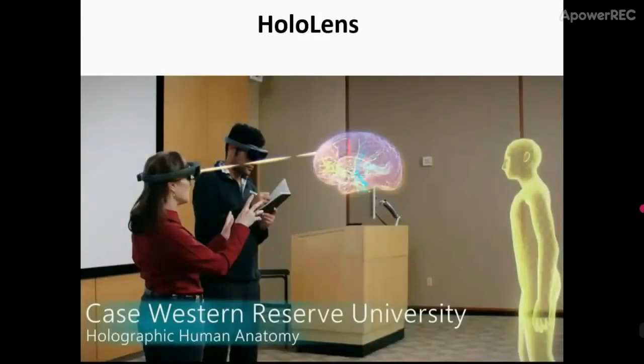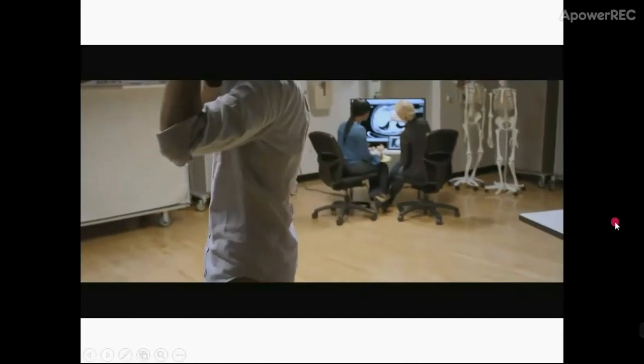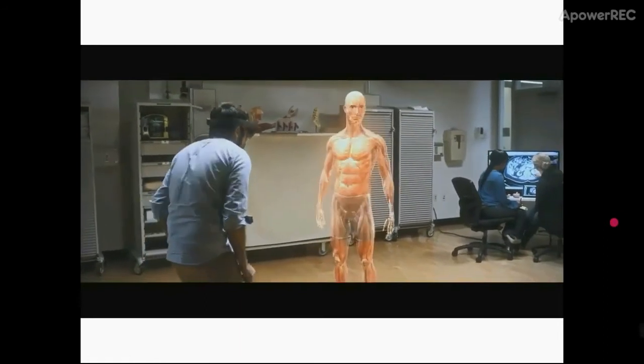The latest advancement of technology in teaching anatomy is Microsoft Hololens, where the Hololens wearer can see the three-dimensional structure of the human body. Now let's see a video of using Hololens. It is the Hololens containing glass, and the Hololens wearer can see the three-dimensional structure of the human body.